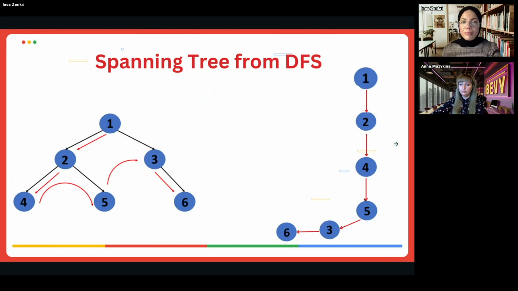Actually, BFS and DFS spanning trees will look similar if and only if the graph is a complete graph. So if there are n nodes, between them there must be n-1 edges per node. That type of graph we call a complete graph. And in that case, both BFS and DFS have a similar outcome.